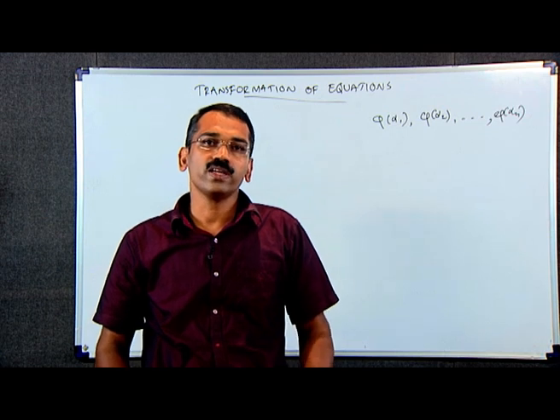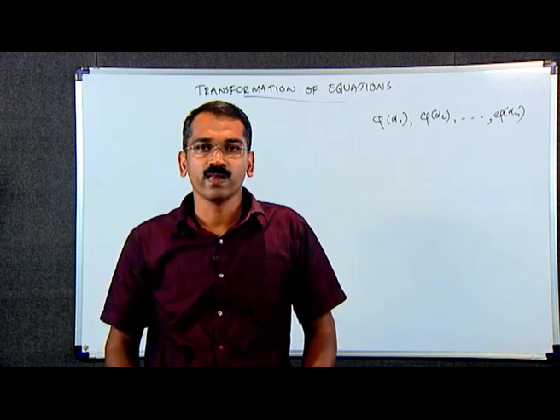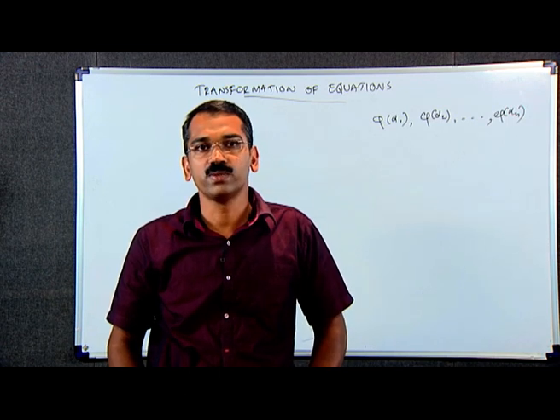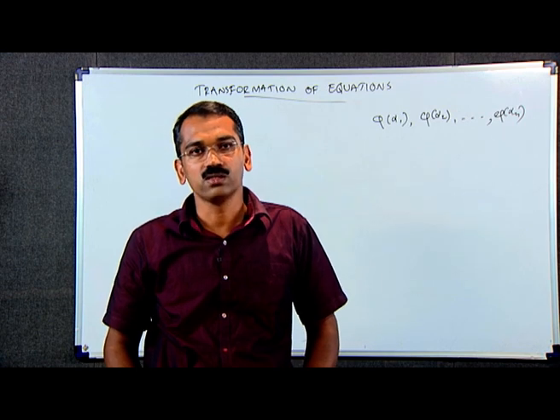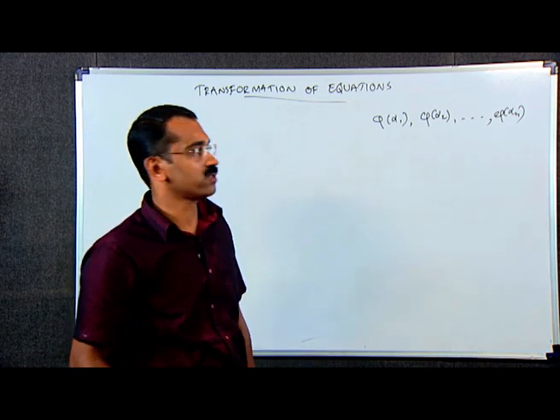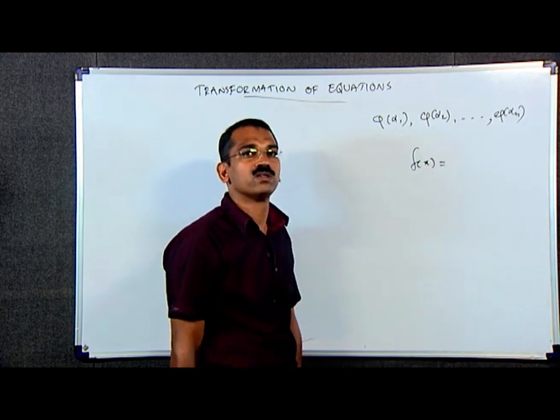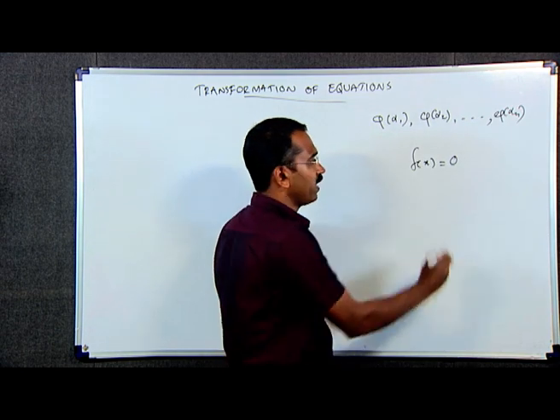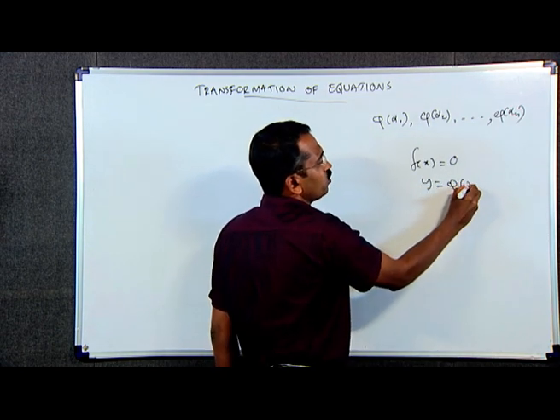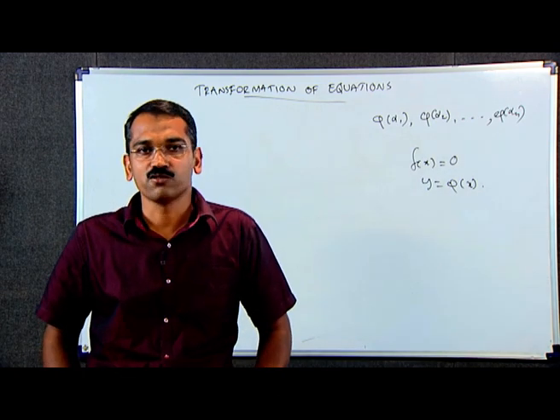To find the required equation, that is the equation satisfied by y, we have to eliminate x between the equations f of x is equal to 0 and y is equal to phi of x. Here we shall discuss some standard transformations.